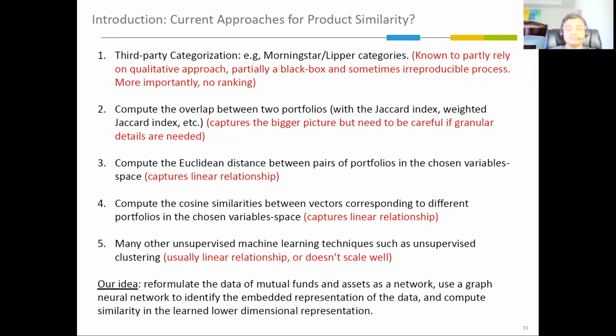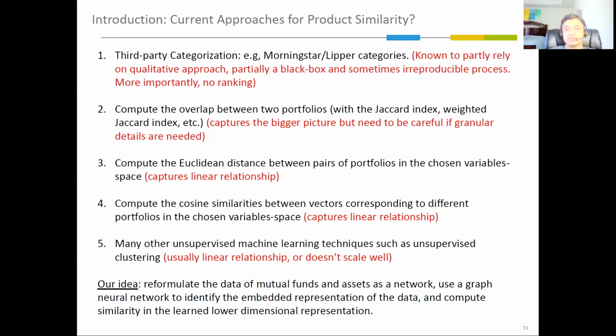Here is our idea. So we formulate the data of mutual funds and their underlying assets as a network. Okay, so we view this data of mutual funds and assets as a network. I'll show you what exactly I mean just in a couple of slides. Then once you have this network of mutual funds and assets, you use machine learning to identify embedded representation, which is a lower dimensional manifold or lower dimensional representation of this very complicated data.